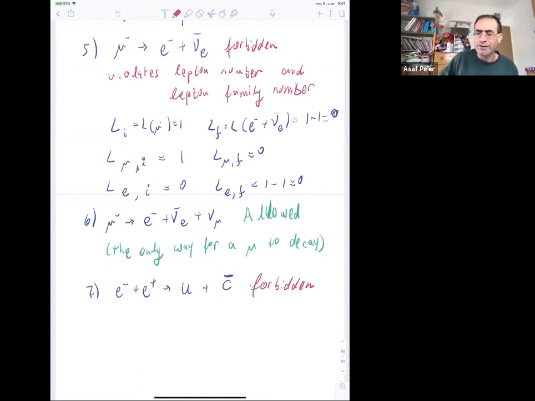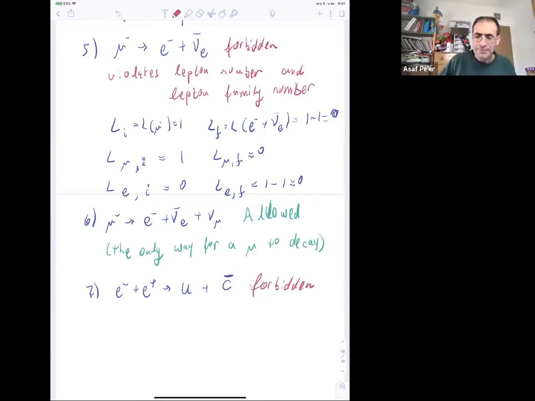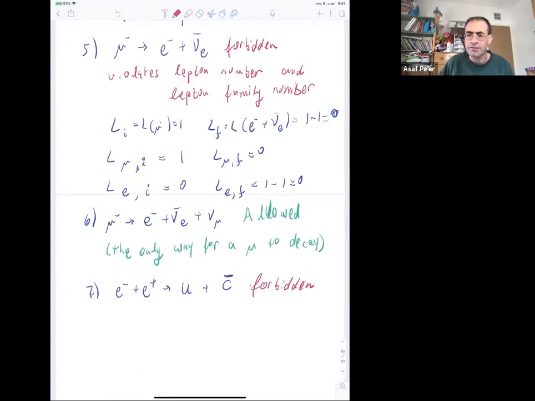What are we violating here? The electric charge? No. Electric charge is 0 at the beginning and is 0 at the end.